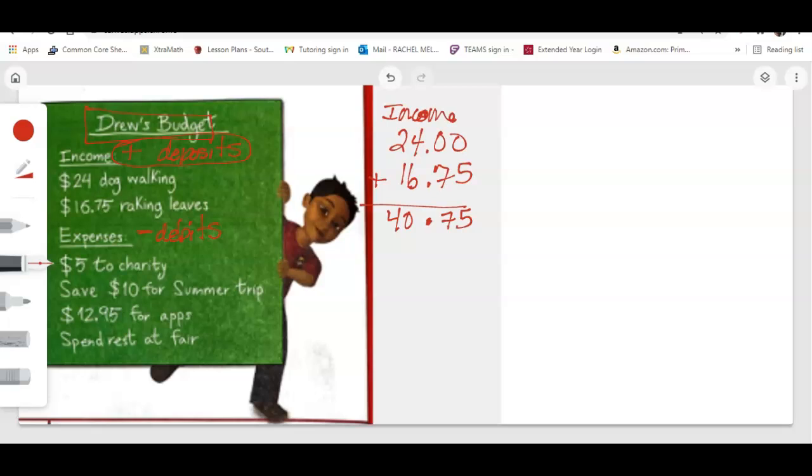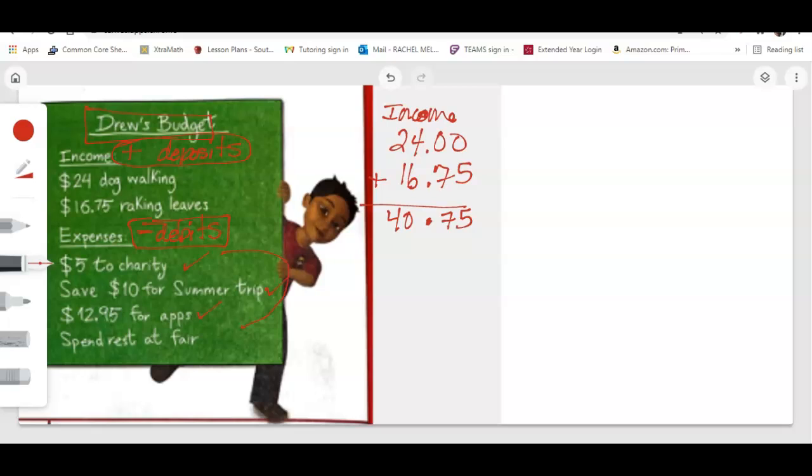Next, I want to find my expenses. Now, I am going to subtract because these are all debits. I have a couple of ways that I can do that. I can take this $40.75 and subtract this amount, and then this amount, and then this amount. Or I can add all three of these and then subtract once.